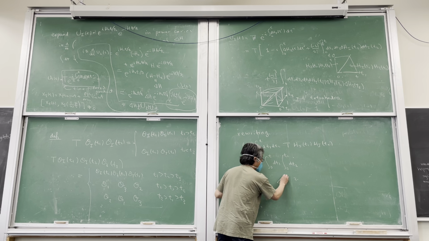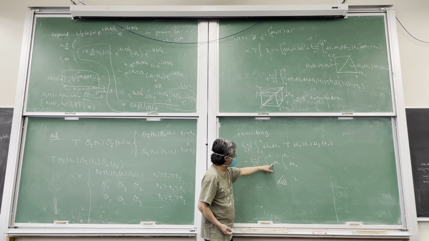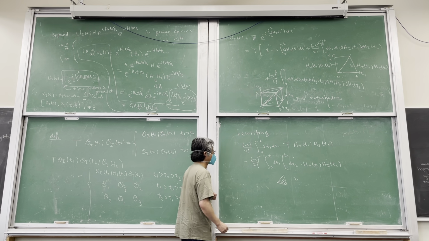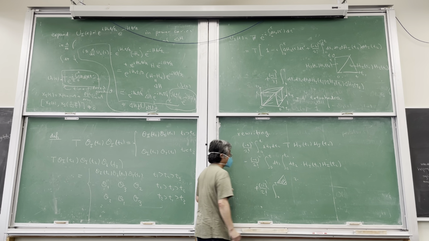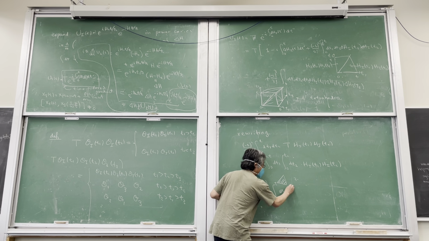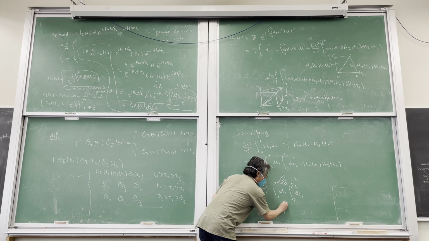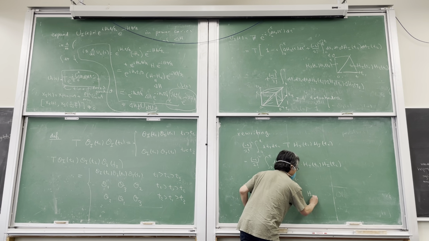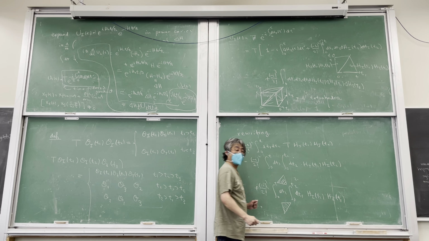So this is this portion of the integration region. In this case, clearly t1 is greater than t2, so the ordering is this. But the other piece of the integral, the t2 is later than t1. So this is this triangle. And in this case, because t2 is later than t1, they are ordered this way.